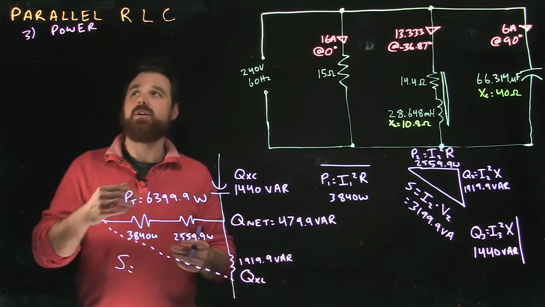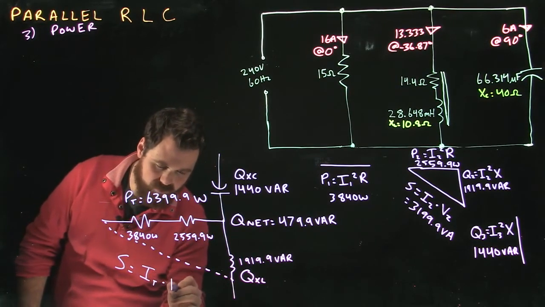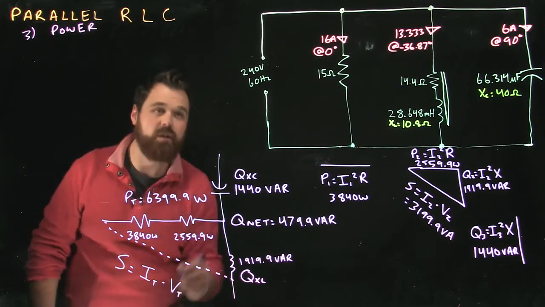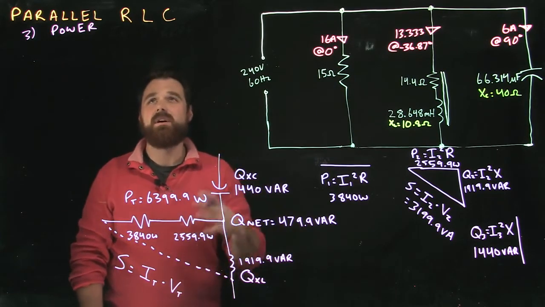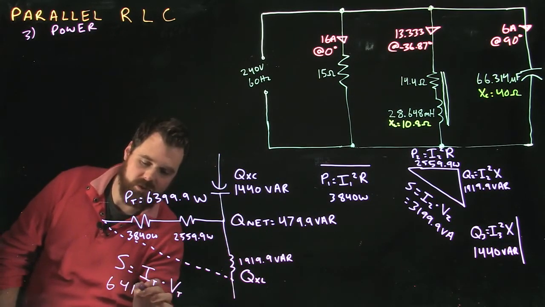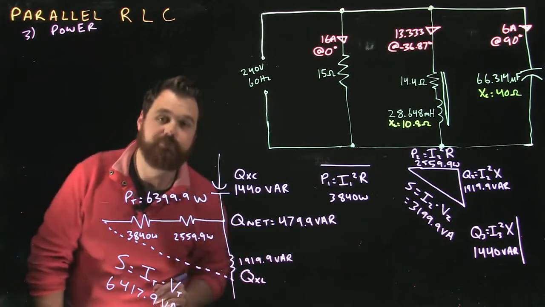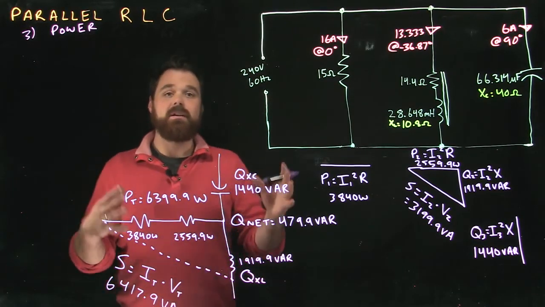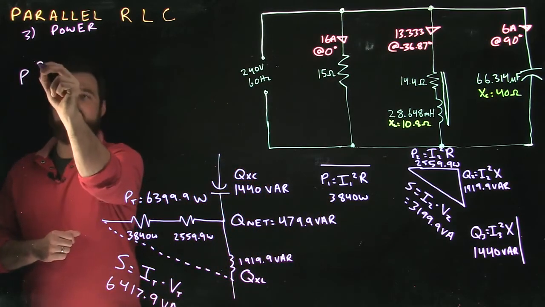Or if I want, I can also go I total times V total or E total of the circuit, and I can get it that way as well. Whichever way I do it, I should end up with 6,417.9 VA. Perfect.